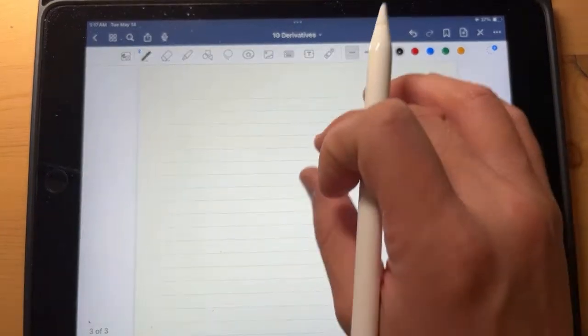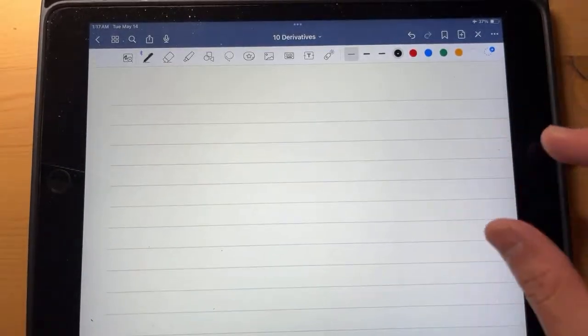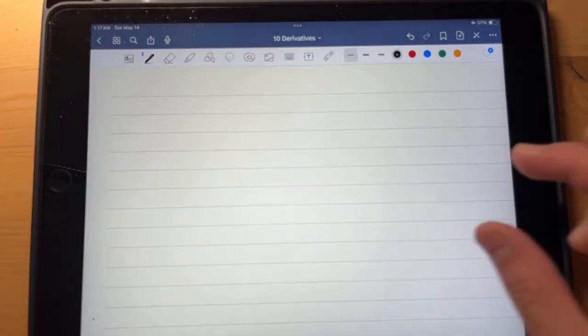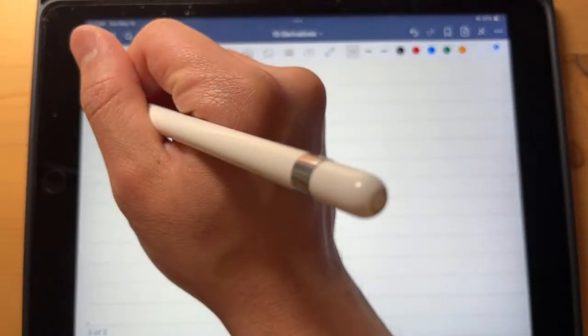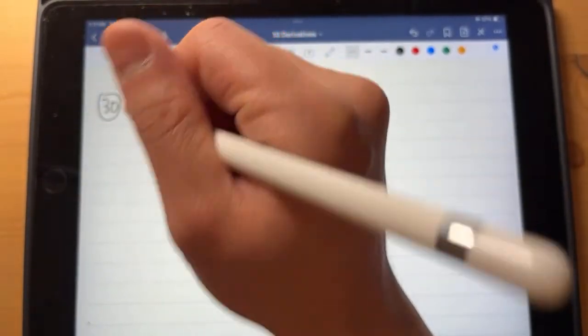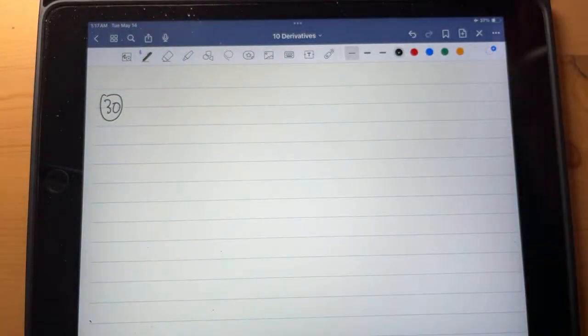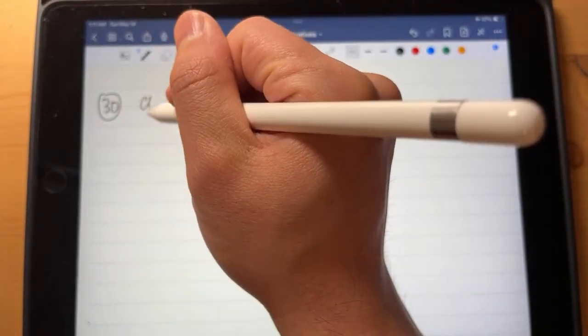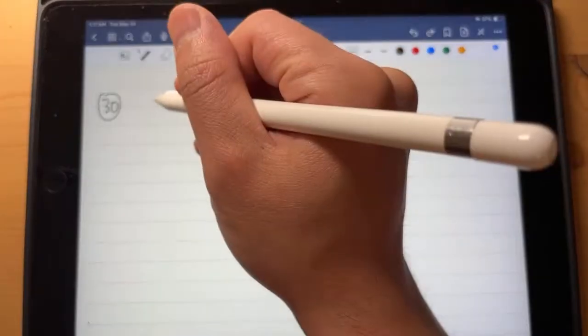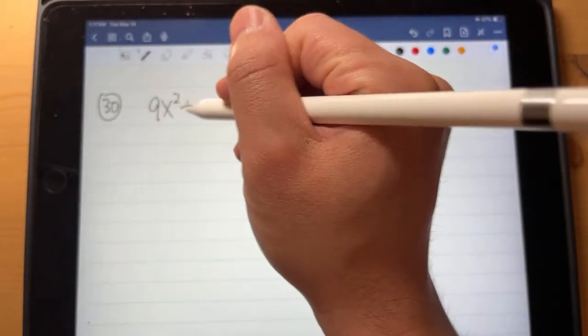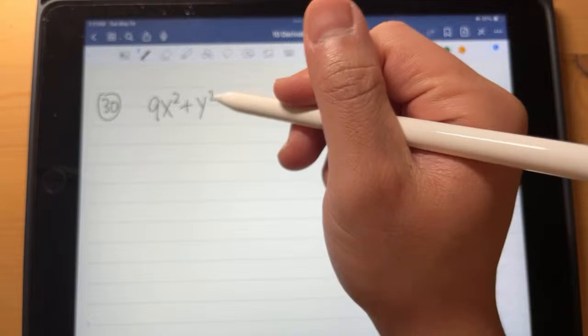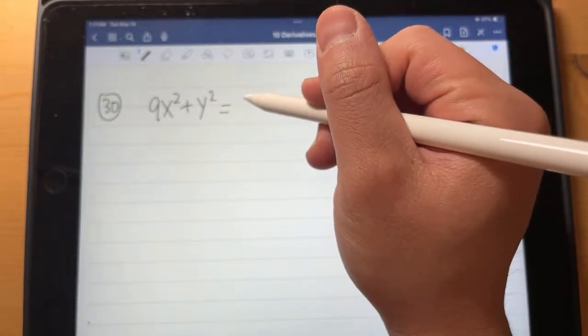Right, for the next one, I want to have more space. So here we go. Number 30. Here we have to do an implicit differentiation question. All right. So we have 9x squared plus y squared, and that is equal to 9.